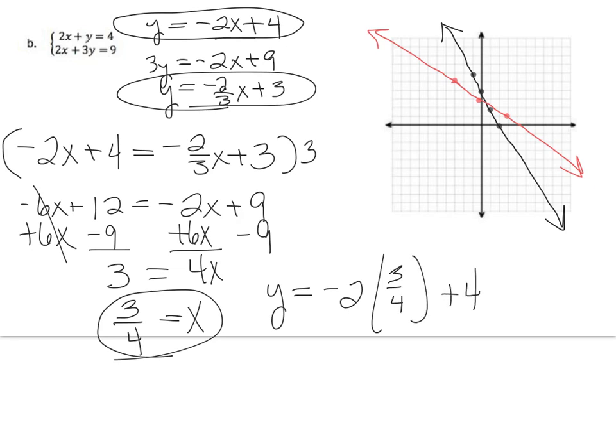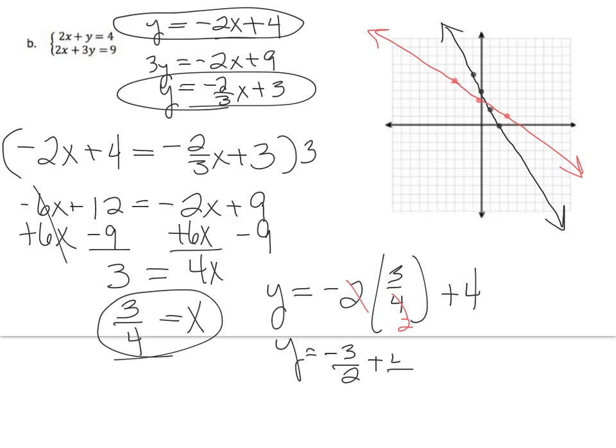plus 4. Now you can get out your handy-dandy calculator. 3/4 times negative 2 is going to be negative 3/2. Negative 3/2 plus 4. I need to change that into a fraction.